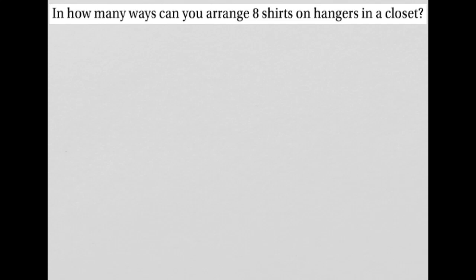Okay, hopefully you're done. Using the same idea as before, you're going to have 8 options for the first shirt, 7 options for the next one, 6 options for the next one, etc., all the way down to your last fixed option, which is just going to be 8 factorial.